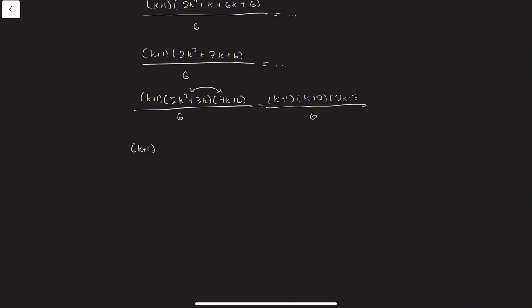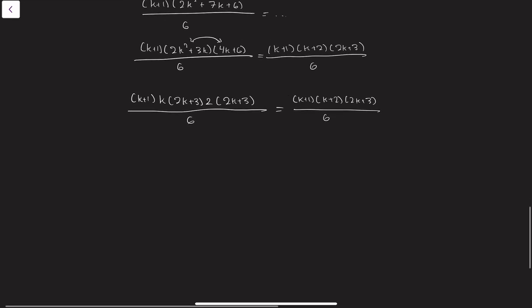In the first term, we can pull out a k, and that gives us k(2k+3). And in the second term, we can pull out a 2, and that gives us 2(2k+3), all over 6. And that's equal to (k+1)(k+2)(2k+3) all over 6.